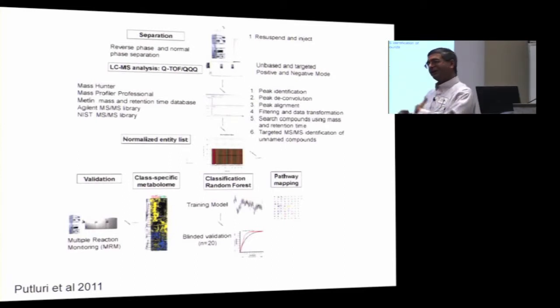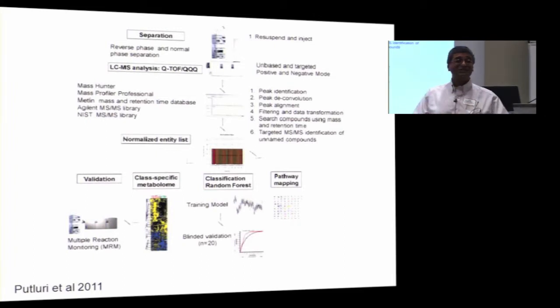And then you get data. This is unfiltered data, which can be quite user unfriendly because you have to identify the various peaks that come out. The peaks have to be deconvoluted, then aligned and filtered. And then we have to search the compound from a database and eventually identify the compounds.